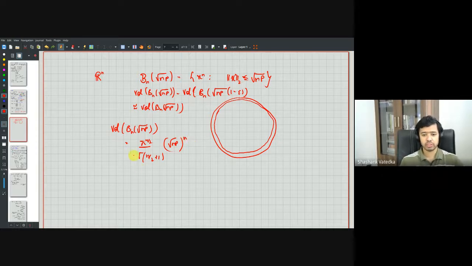And this gamma function is something which grows as n by 2 raised to n by 2. I would encourage you to do these calculations on your own, and you'll see that most of the volume is in fact concentrated near the surface of the sphere.